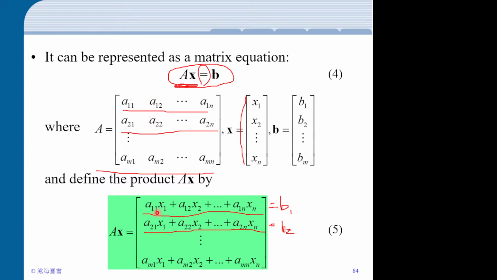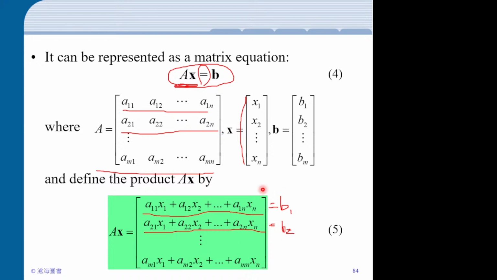The first element is the scalar product of the first row and the first column, the second element is the second row times the first column, and the third element is the third row times the first column, all the way to the nth element, which is the nth row times the first column. There is no second column, so this only has one column.